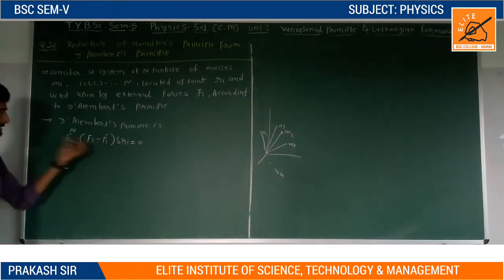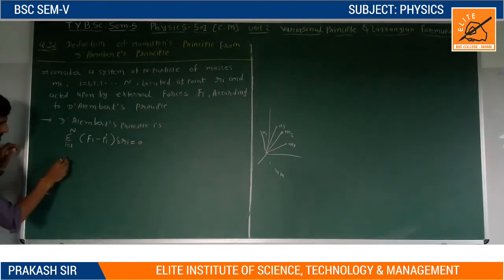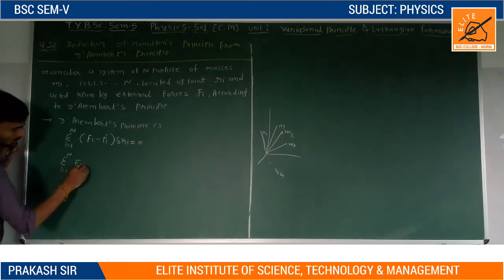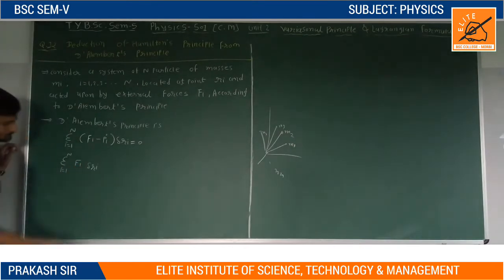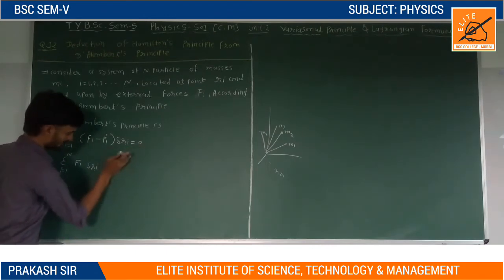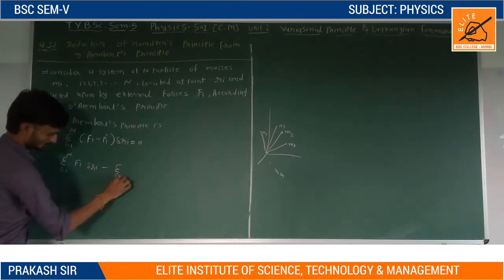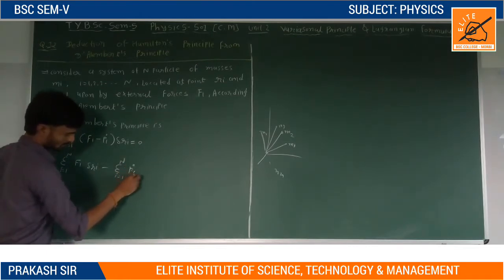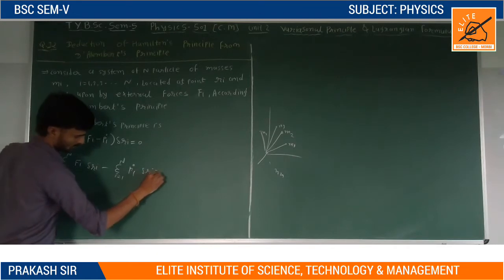Del ri multiplied by the term. Summation over 1 to n particles of Fi into delta ri minus summation of pi dot into delta ri equals 0.